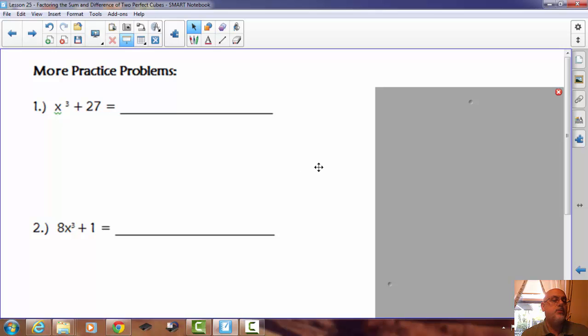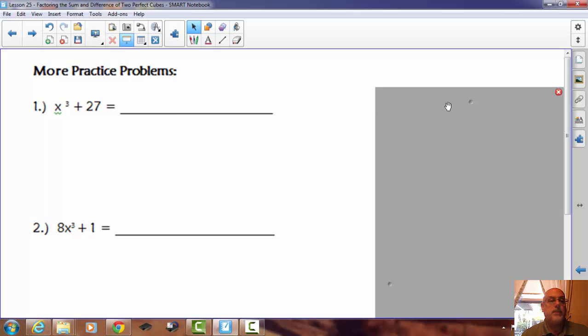So keep that in front of you, and I have some practice problems here. The first thing we have to do is find the binomial. So the cube root of x cubed is x. Drag the plus sign, and the cube root of 27 is 3. You can take your calculator out to double check those.